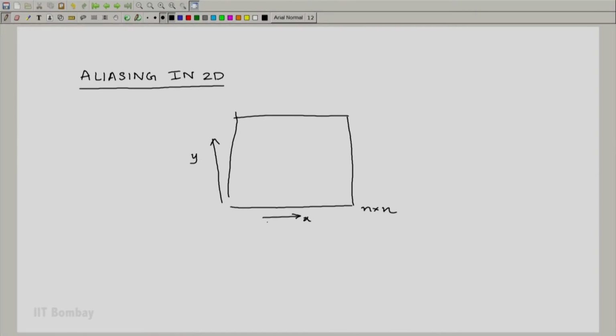As we see, we have 2 directions, but in a time signal we have only one direction. This is the value of the function at that time, but here we have 2 variables.